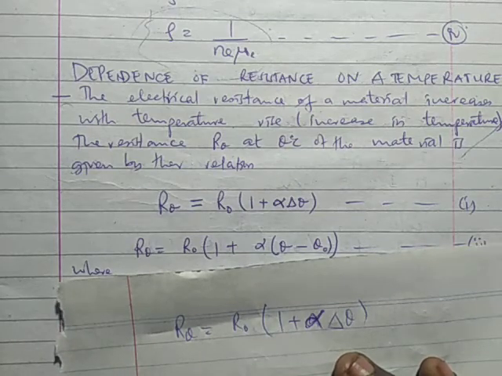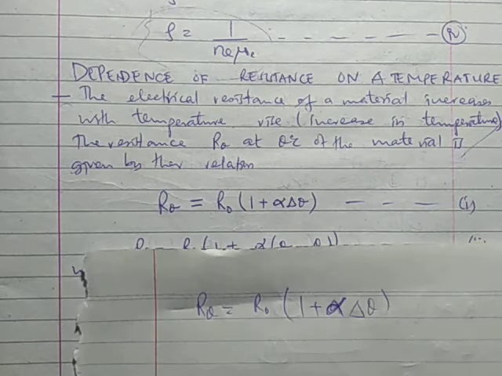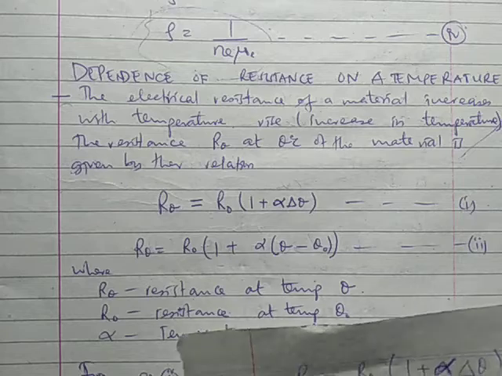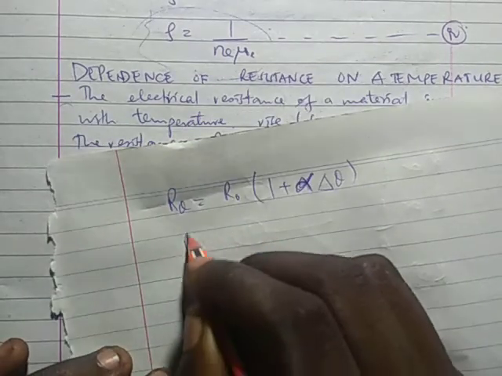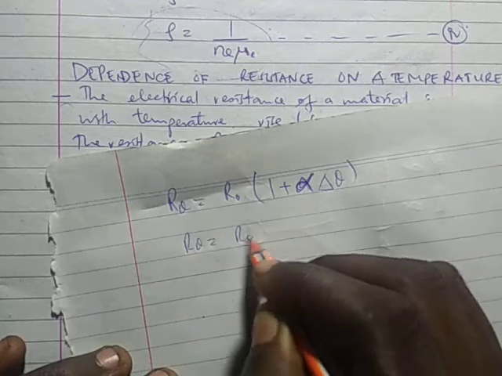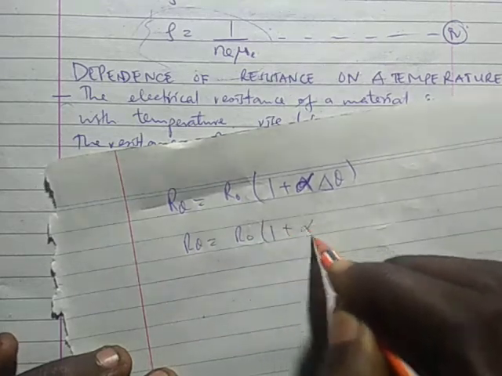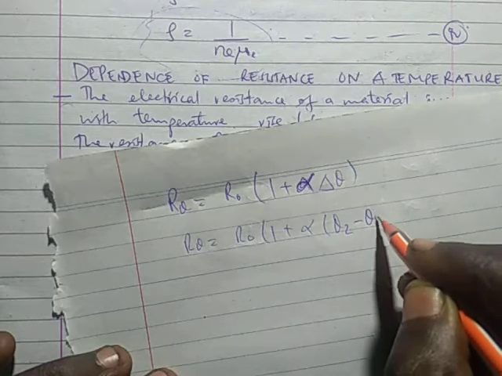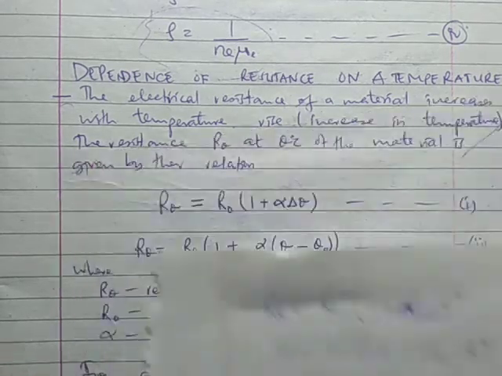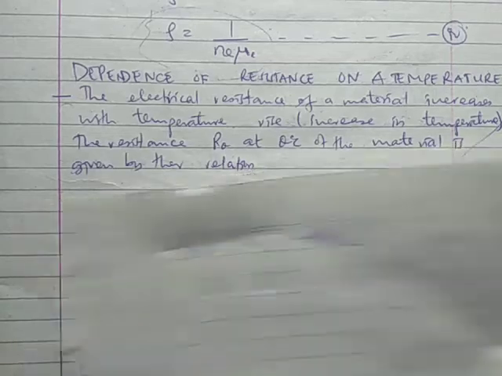So if we are changing the temperature, or if we are expanding the equation, R theta is equal to R naught, 1 plus alpha, theta 2 minus theta 1.